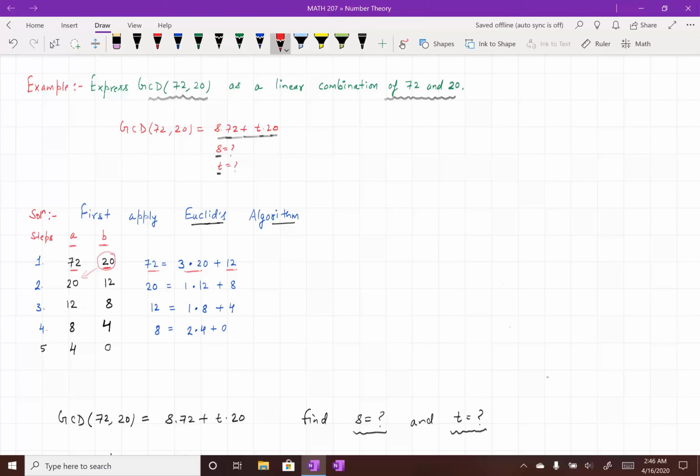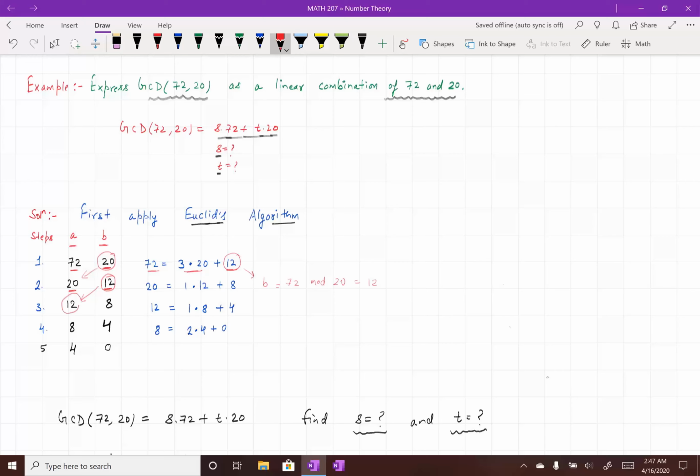In my next step, the value of A is going to be 20, and the value of B I can compute from the remainder of the previous step, 72 mod 20, which is equal to 12. So I have the new value of B, which is 12. Again, B is not equal to 0.